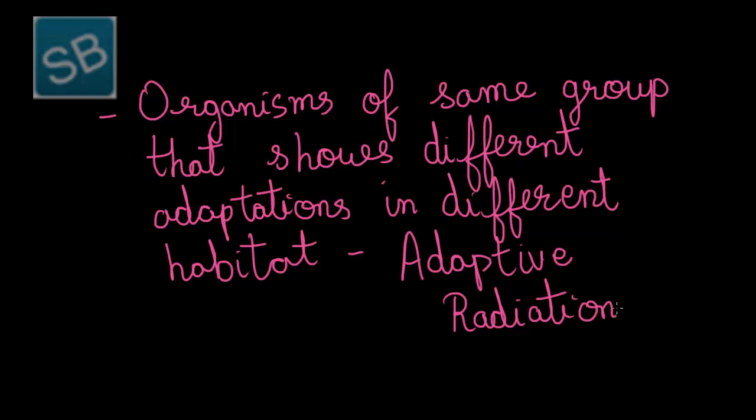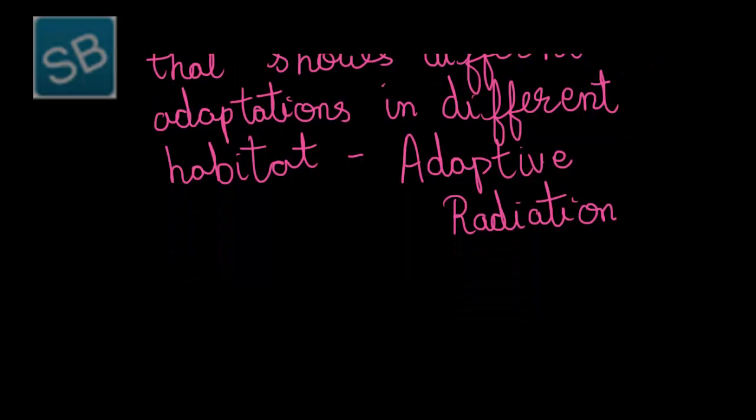Thus, different organisms living in different environmental conditions exhibit different kinds of properties. This law of adaptive radiation was first proposed by a scientist named Osborn.